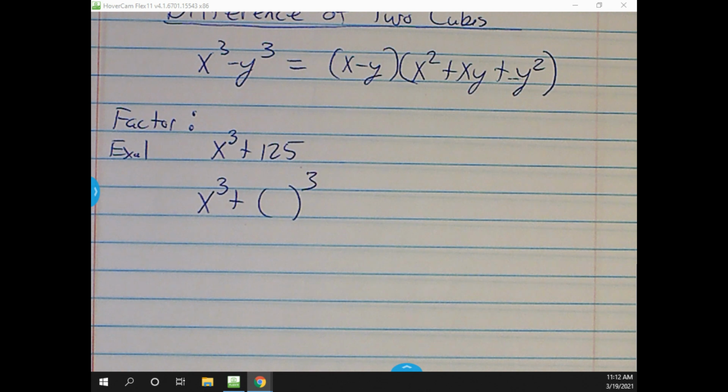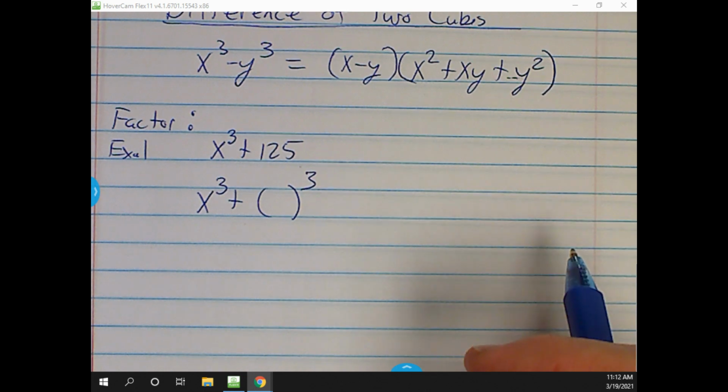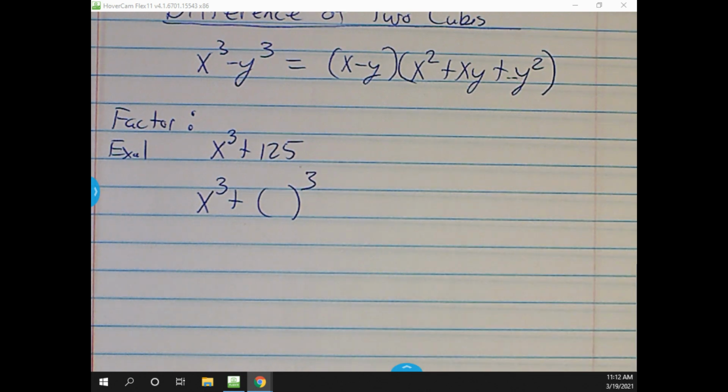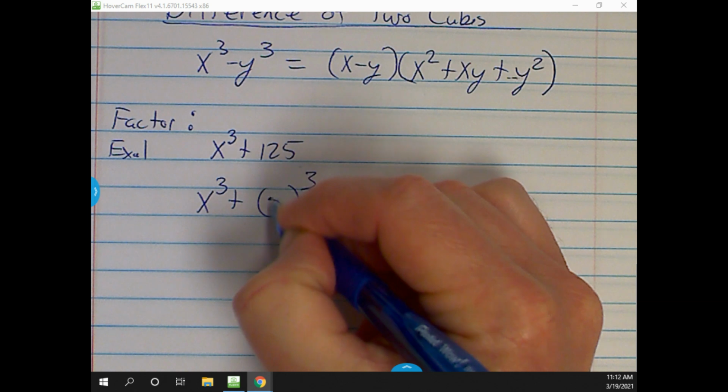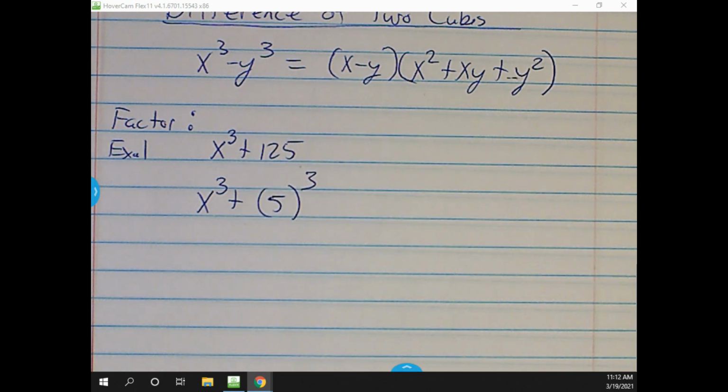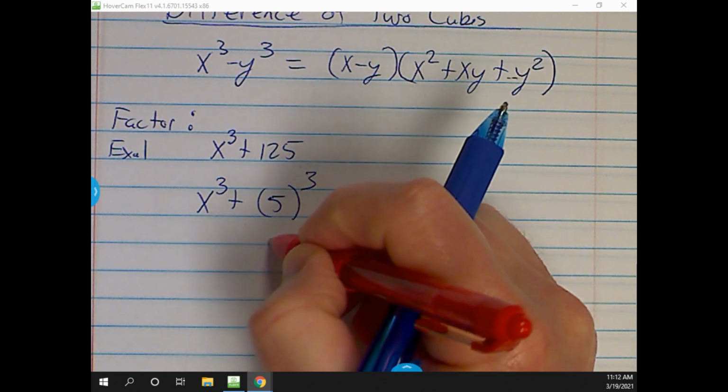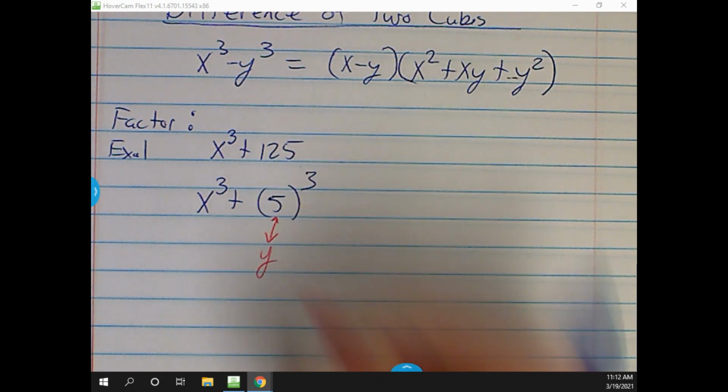And the numbers won't be very big just because of how this is set up. So if you go through these, 2 times 2 times 2 would be 8. 3 times 3 times 3 would be 27. Go far enough, you figure out that it would be 5. 5 times 5 is 25, and then 25 times 5 would be 125. And basically, wherever you have 5, you can interchange that with a y.